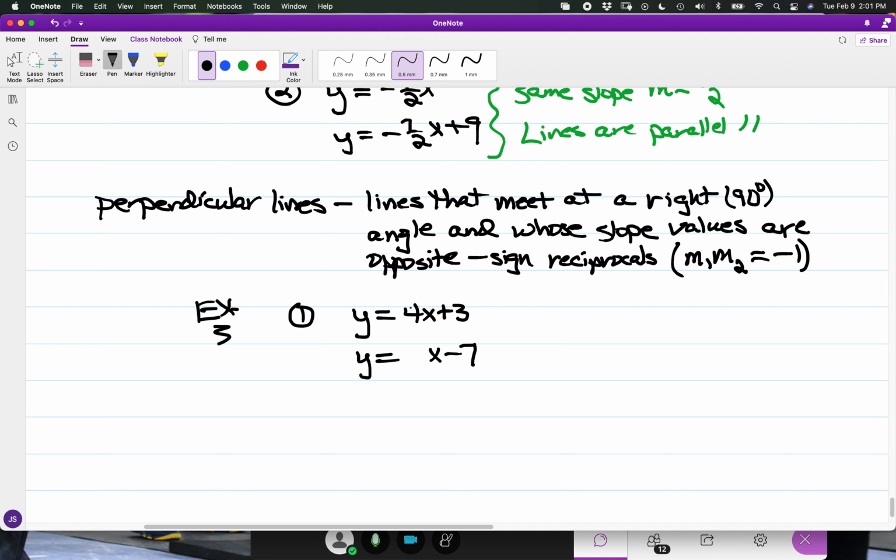So think of 4. We've got positive 4. As a fraction, positive 4 could be written as 4 over 1. If I take the opposite sign and then take the reciprocal, so I'm going from a positive to a negative and then flipping 4 over 1, this is going to be 1/4. So with the opposite sign reciprocal, this is going to be -1/4. So we have -1/4 of x minus 7.